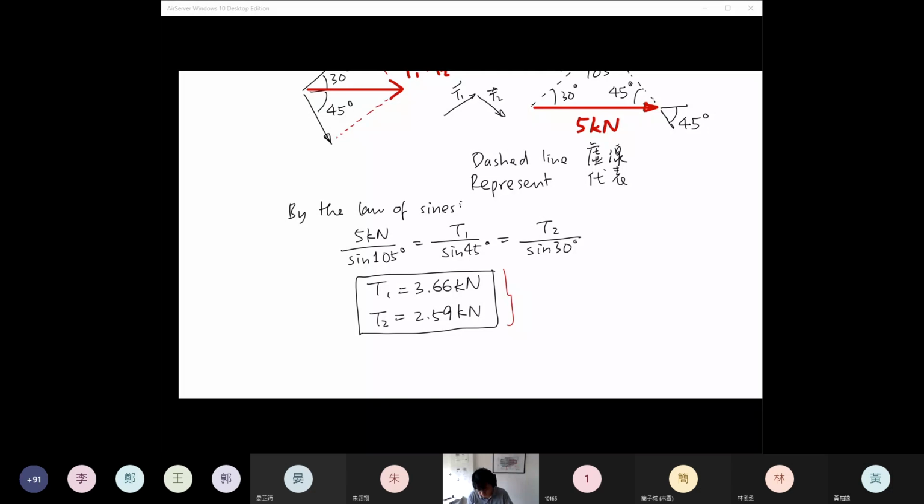One remark here. If we are determining tensions, you don't need to give the direction in the answer.